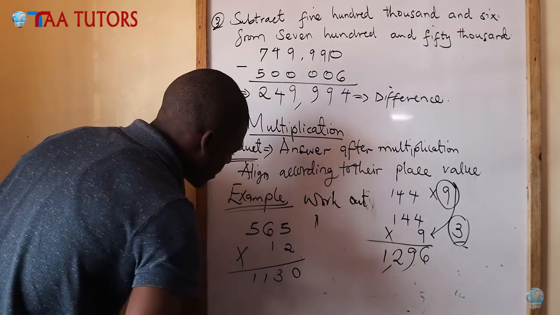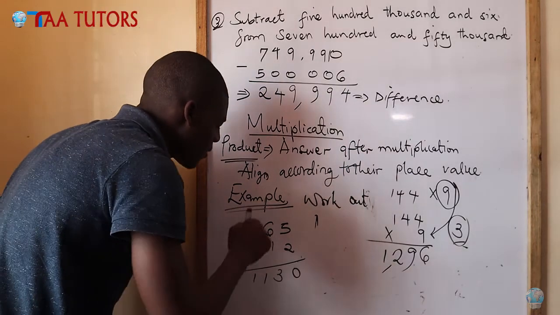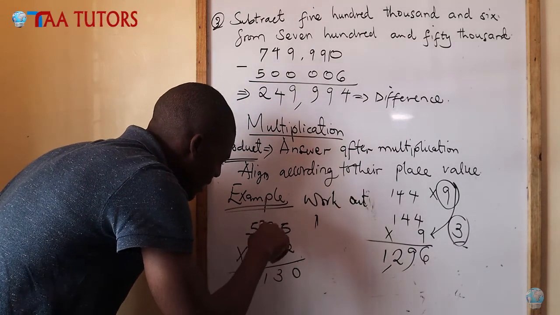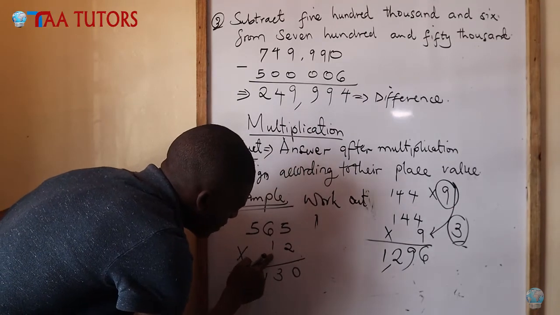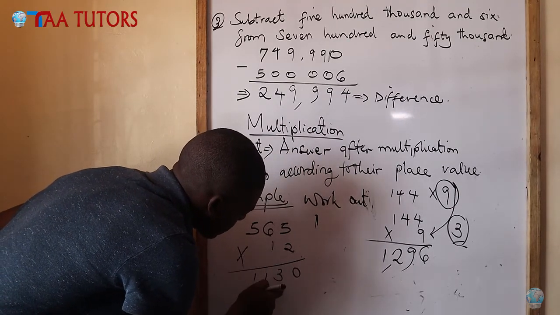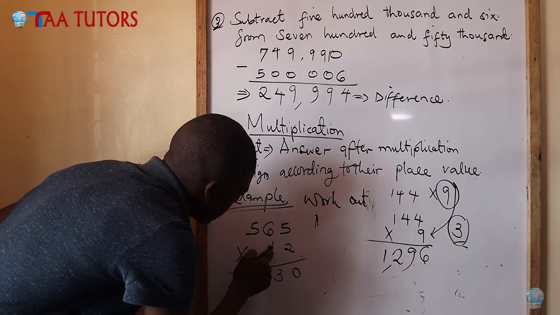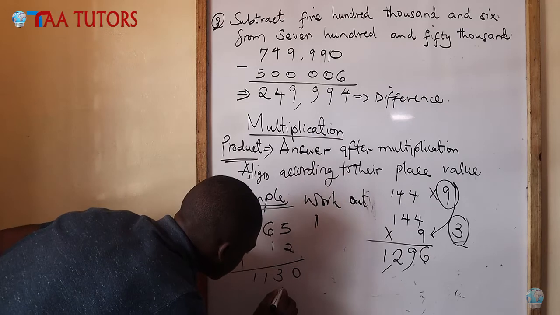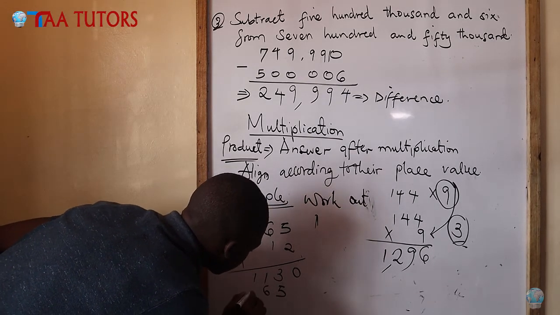Then 1 times 5, we record it below the place in which 1 is. Now, like in this case, we have 1 to be in the 10th place value. So that's where we start recording our product. We have 1 times 5 to be 5, 1 times 6, 6, and 1 times 5, 5.